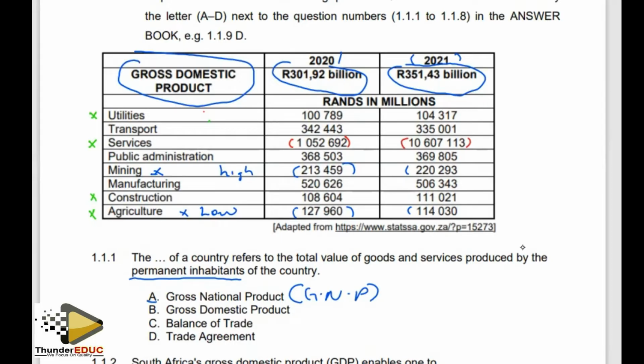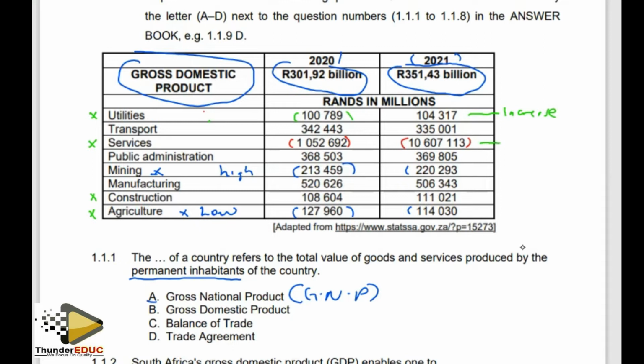You can say in 2020, utilities were low. It was 100,789. Yet in 2021 there was an increase from 100 to 104. So which means here there was an increase. If you check services, you can see 1,552,000 to 1,600,000.